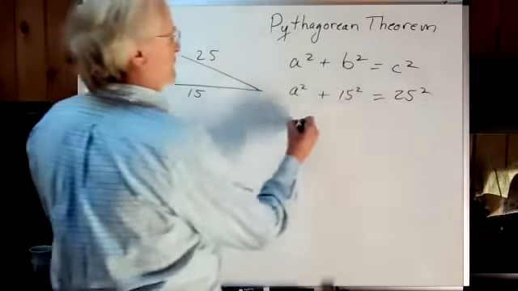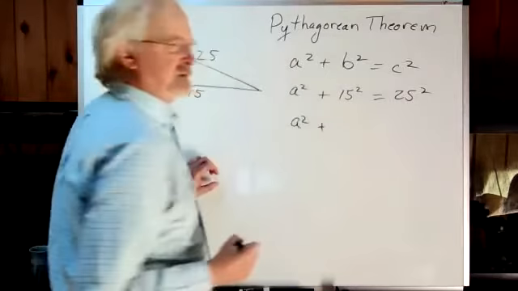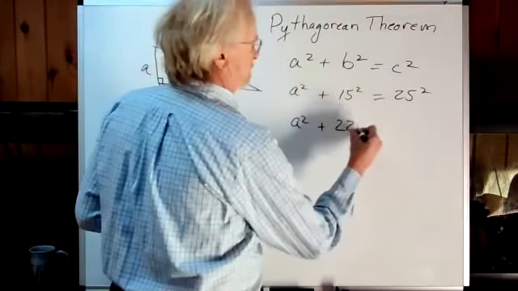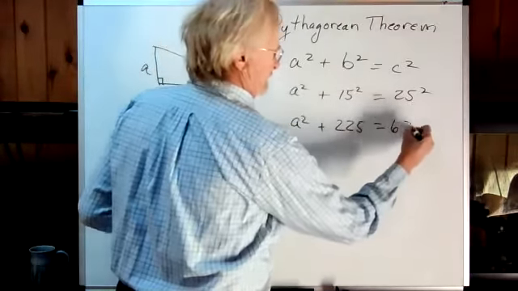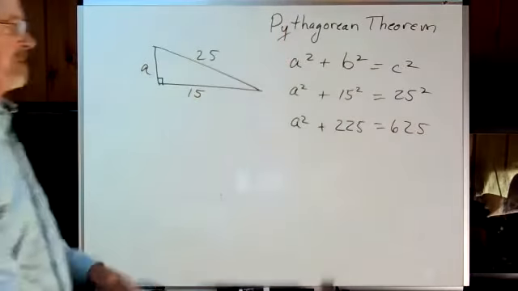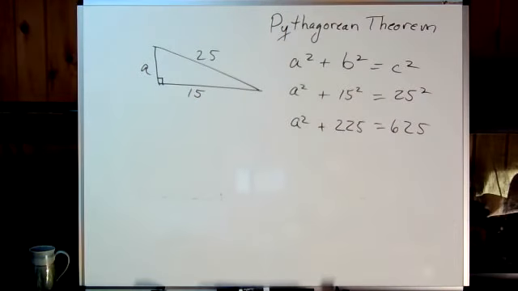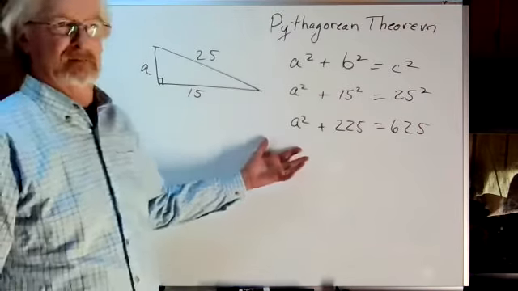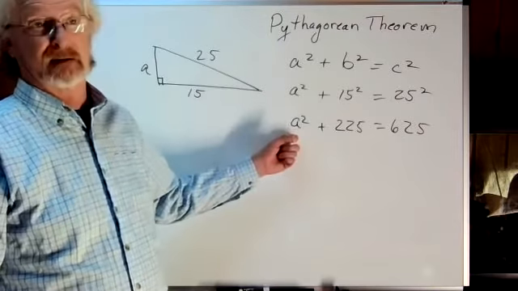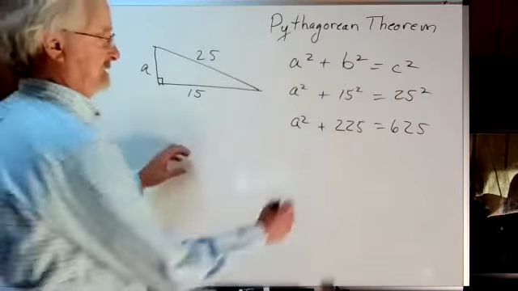And so here, 15 squared, I think is 225. I do this enough, I know those numbers. 625 for that one. All right. Can I make nice numbers for myself? That might be nice. Well, what do I have to do now? I have to get the A's alone. I have to subtract that.